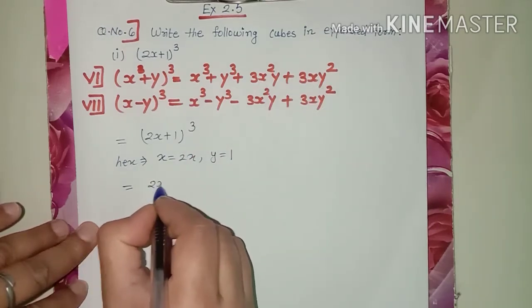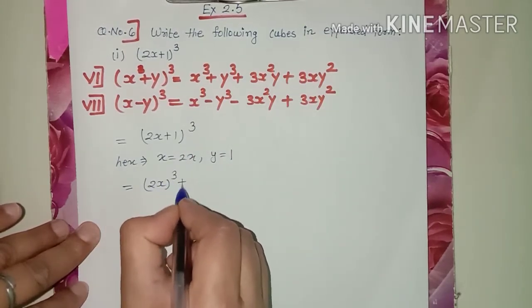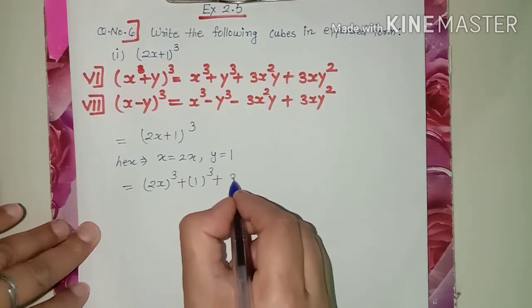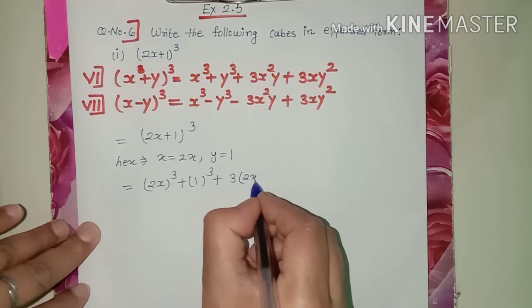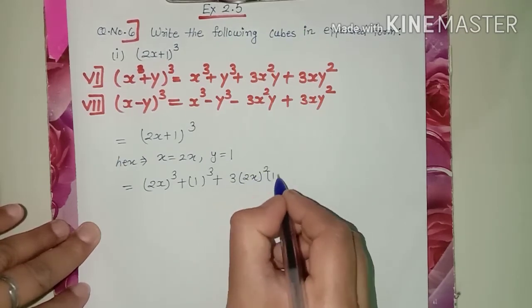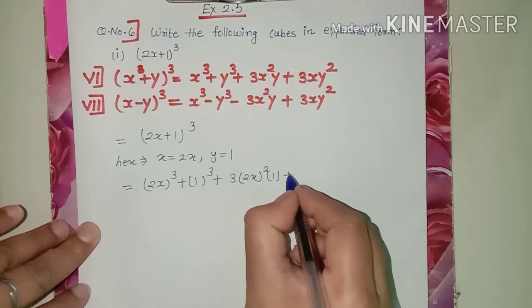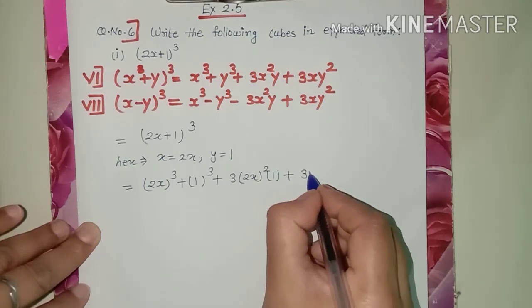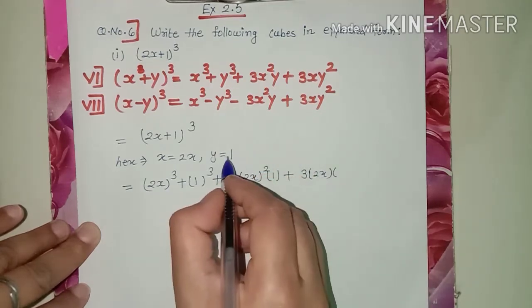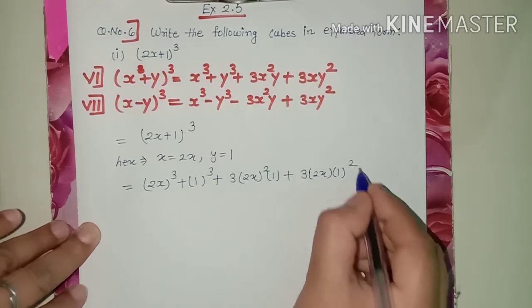X cube, it means 2x whole cube, y cube, it means 1 cube, plus 3x square y, 3x square, within bracket the value of x is 2x whole square and the value of y is 1, plus 3x, it means 2x, within bracket 2x, and the value of y, 1 square.